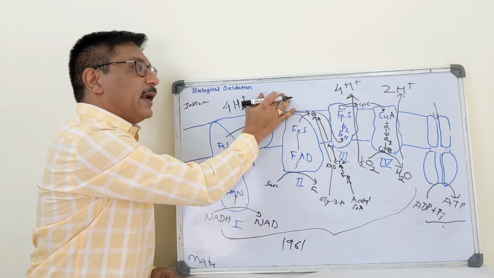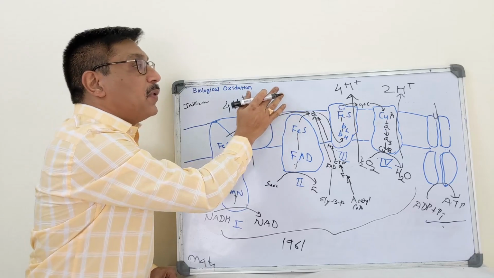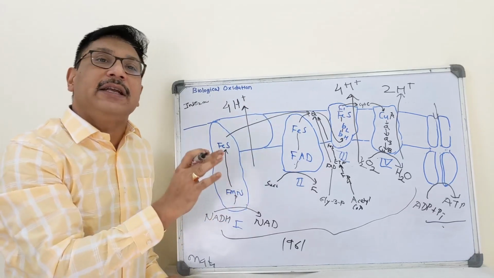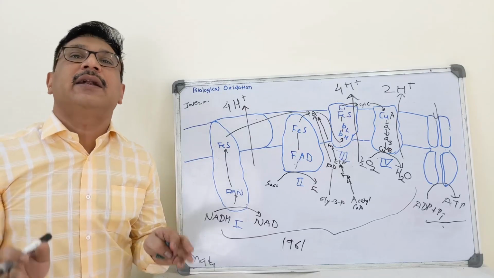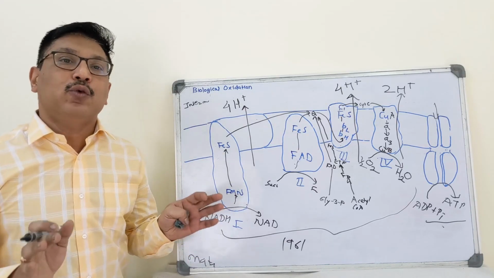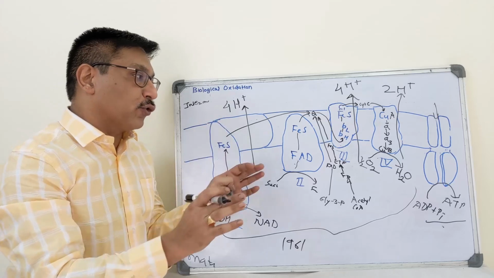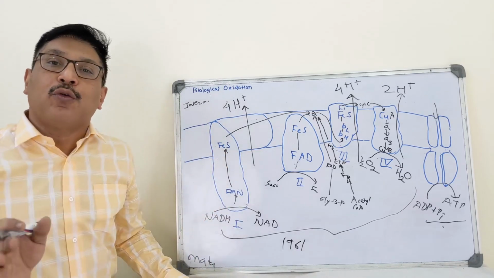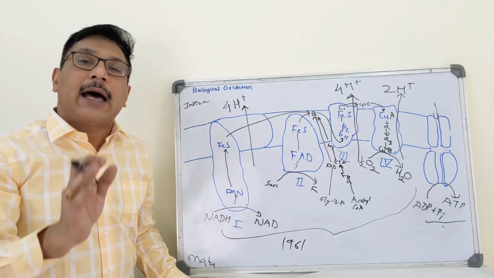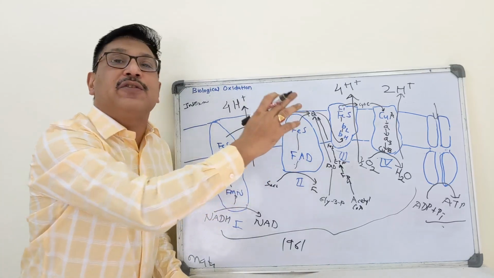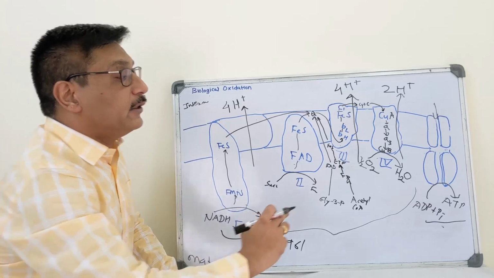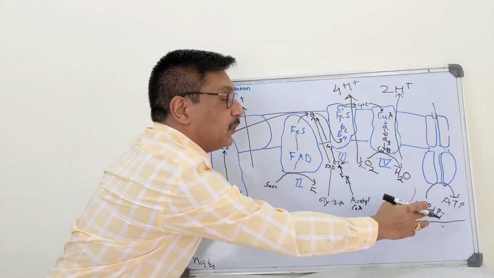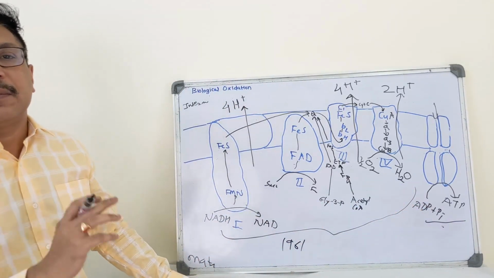This is an electrical gradient, and when protons are pumped outside, there is acidity outside. This is a chemical gradient, and together these lead to a proton motive force. Due to this proton motive force, protons are driven from the intermembrane space to the matrix, and along with this lead to synthesis of ATP, that is phosphorylation.